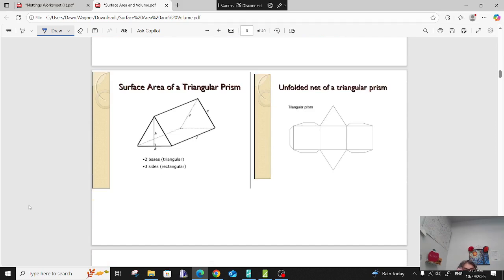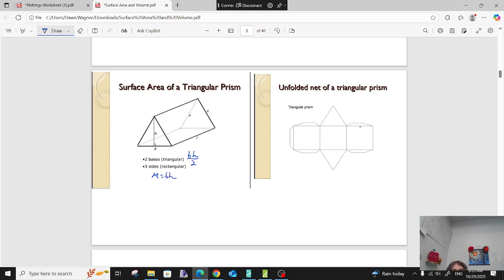Now I'm going to look at a triangular prism. What's the area formula for a triangle? Base times height divided by 2, right? And for a rectangle, how do you find the area? Base times height.